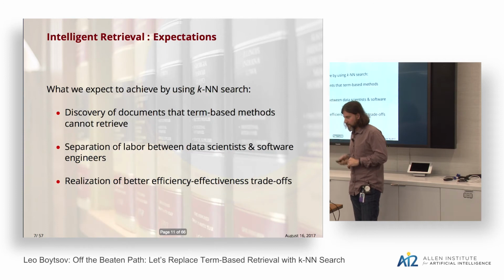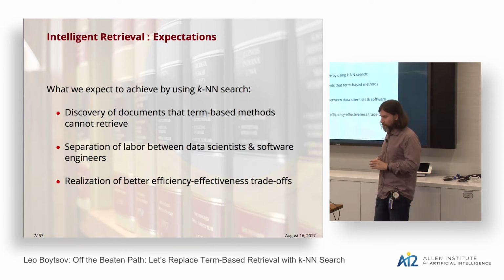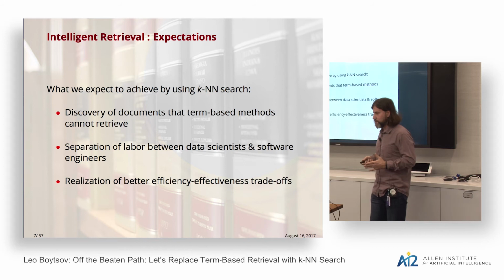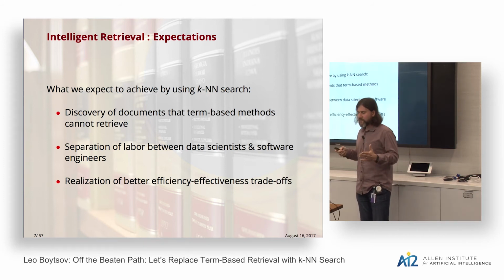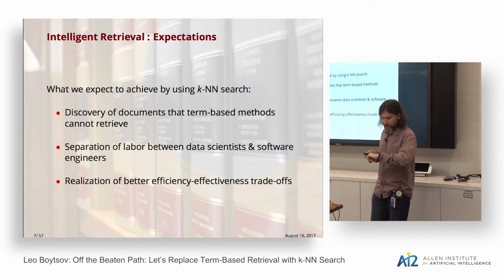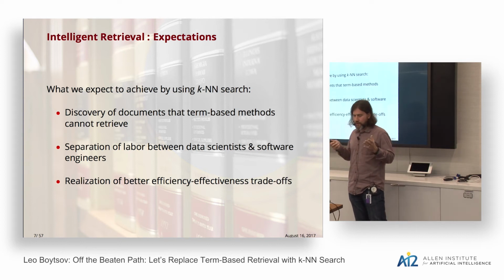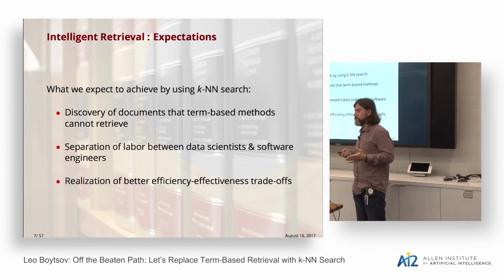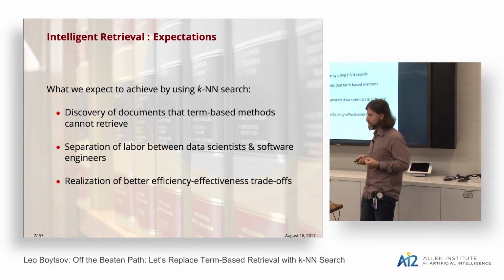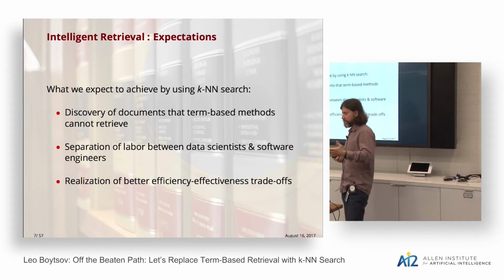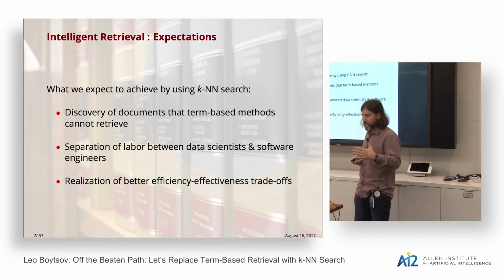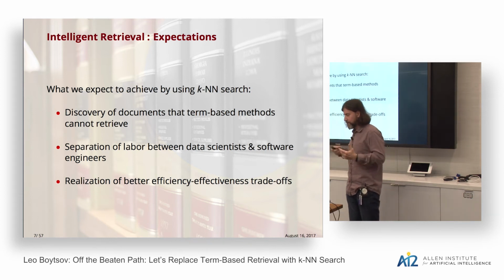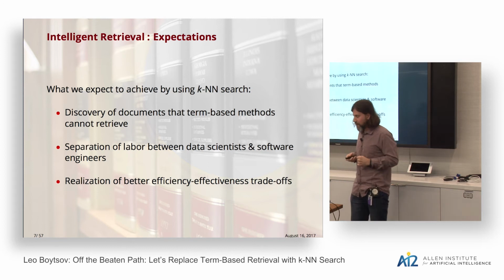Okay, so by applying these generic KNN search algorithms, we aim to achieve 3 objectives. We have 3 hopes. We hope that we will be able to find relevant documents that are hard or unable to find using standard TF-IDF retrieval, simply because that's a very simple similarity that does not reflect all the complexity of the language.